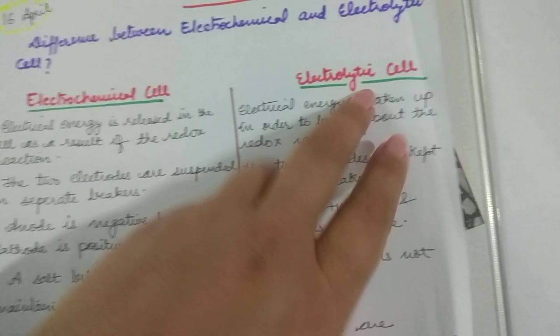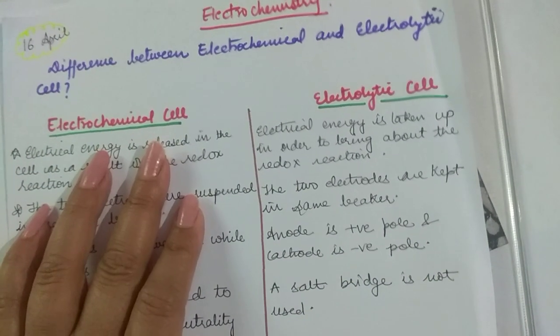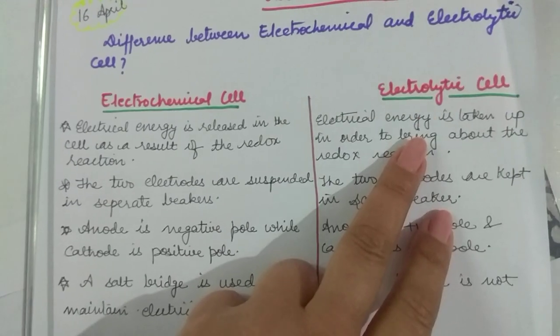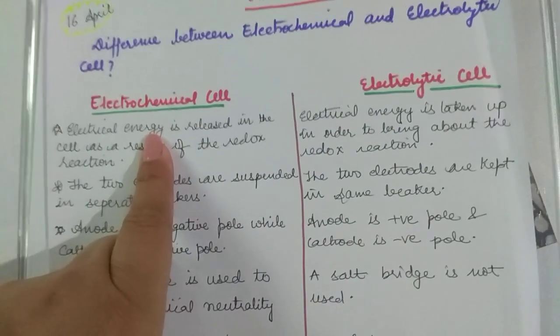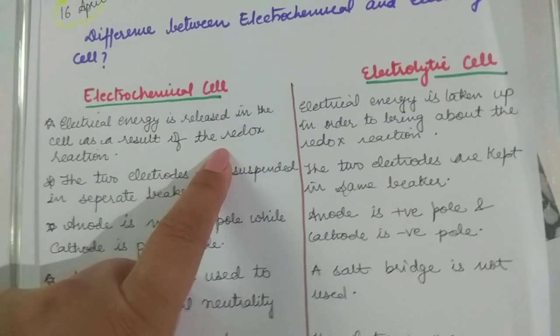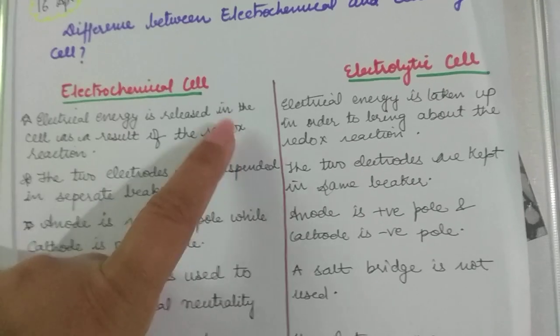And electrolytic cell is just the opposite of electrochemical cell. In electrochemical cell, a chemical reaction, that is redox reaction, takes place and electrical energy is released.